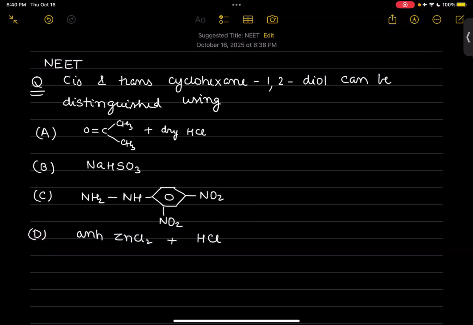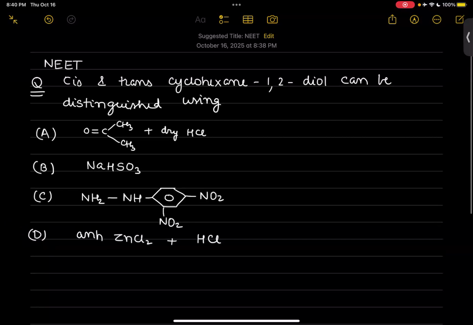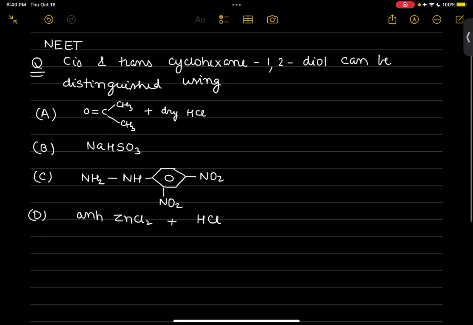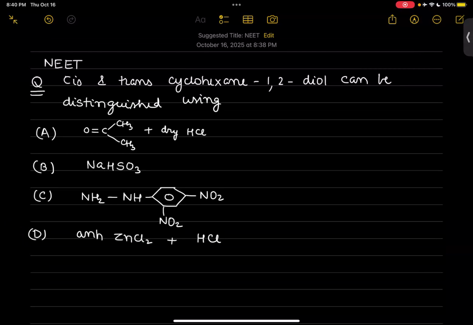So what is going to be the answer to this problem? Yeah, just saying Yovita. This is from NEET only. I hope all of you can see the question. Yes, sir. Okay, good.